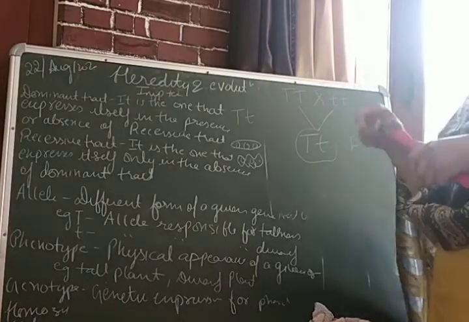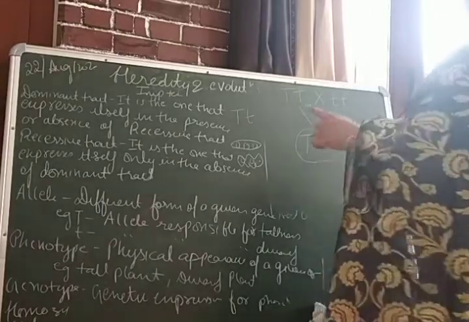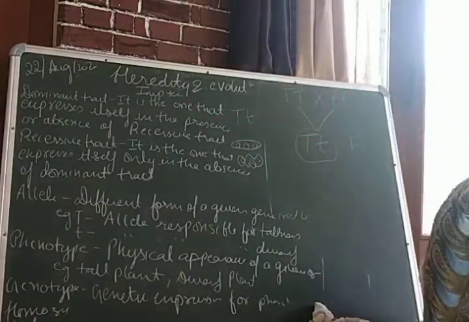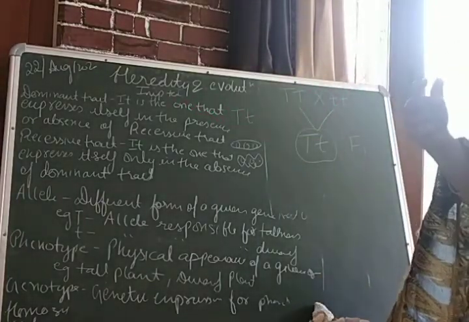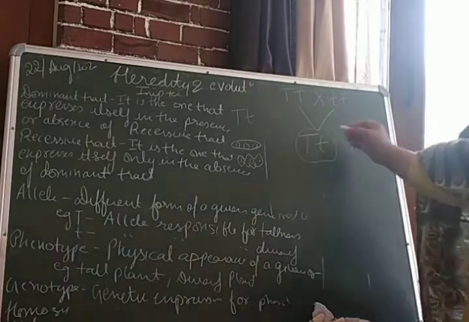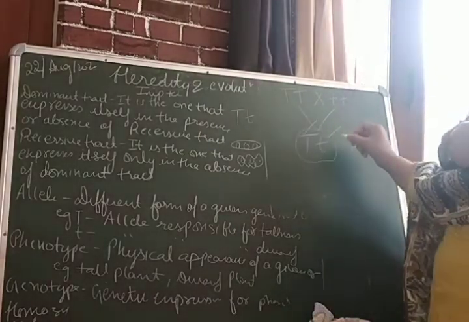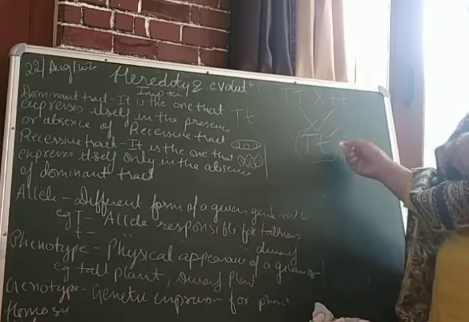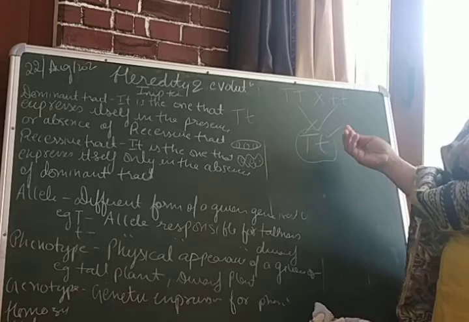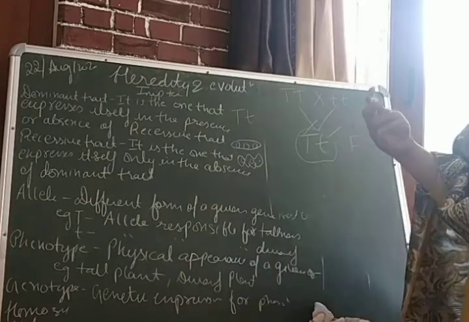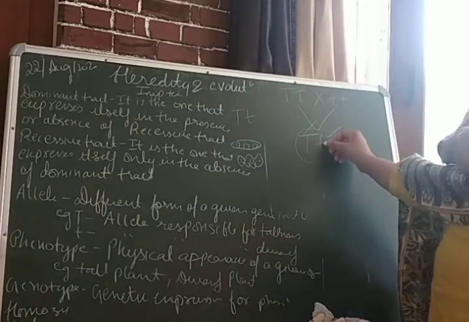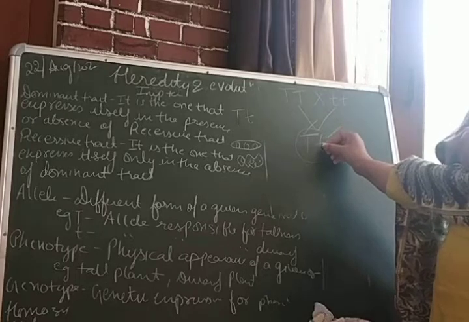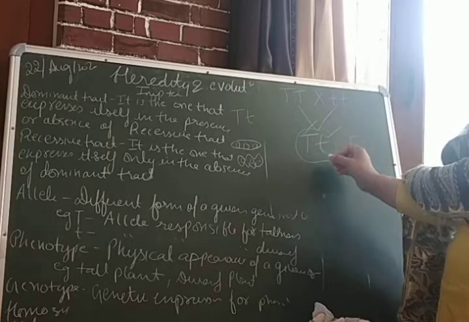So here capital T is the dominant trait. As it is given here, it expresses itself in the presence or absence of the recessive trait. This is your dominant trait and this is your recessive trait. Though the recessive one is present, don't worry about it, the dominant trait will express itself. Whereas your recessive trait will express itself only in the absence of the dominant trait.